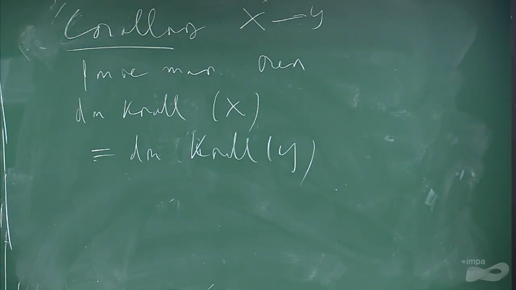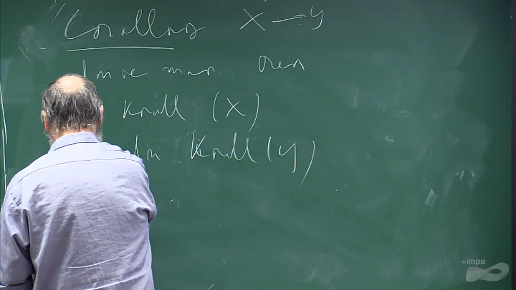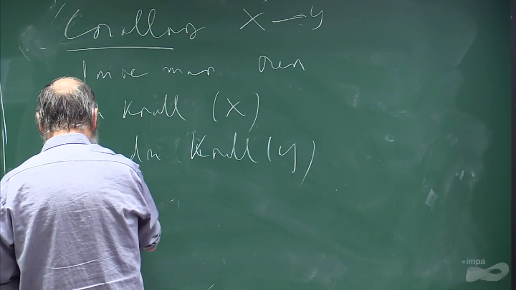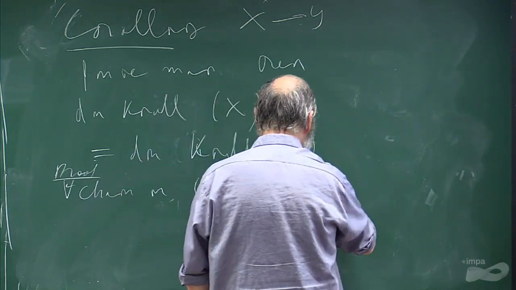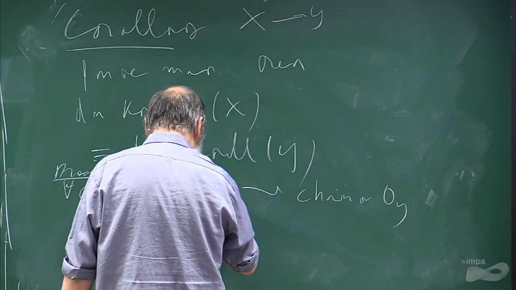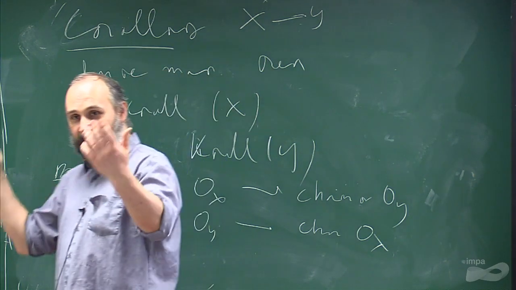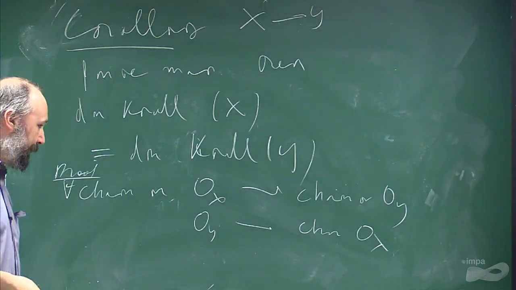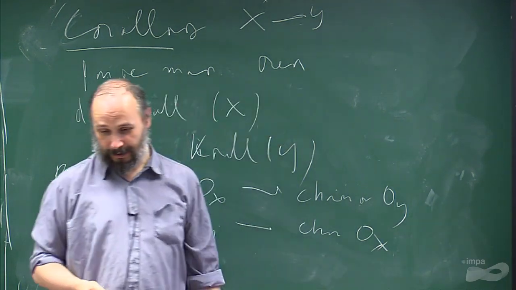But for each chain downstairs, you have a chain upstairs, and vice versa. So each chain in OX gives you a chain in OY, and a chain in OY gives you a chain in OX of the same length. So the maximal lengths of the possible chains agree.